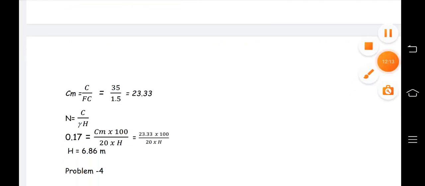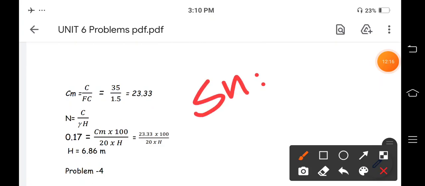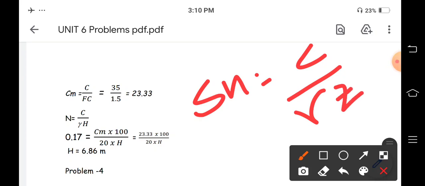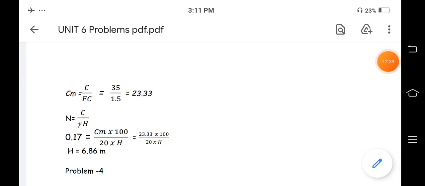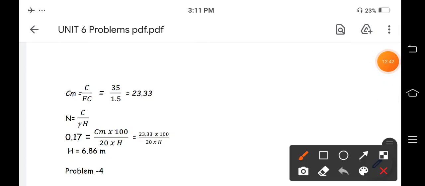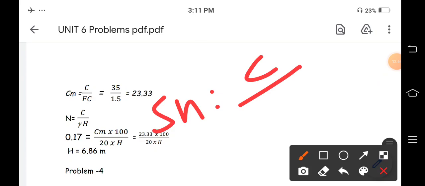Okay, so we know the formula, that is Sn. So here I am writing Sn equal to C upon gamma into Z. Okay, so here we have to calculate the value of Z. For that purpose, the formula is Sn equal to C upon gamma into Z into Fs.